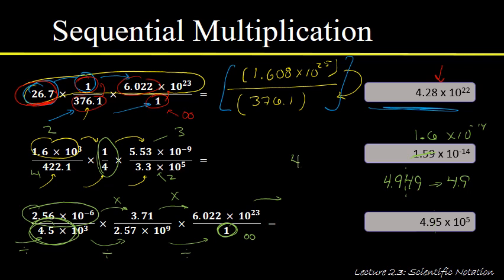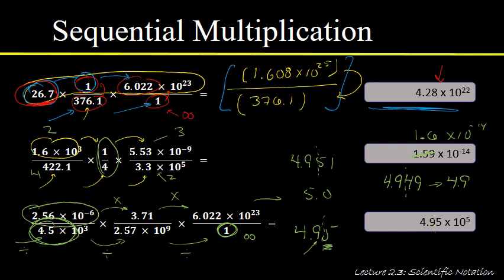If we had 4.951, then it would go up to 5.0. When the part where we're cutting off is exactly 5, it's not always clear whether you should round up or round down. The rule is that you should round so that this digit moves to the nearest even digit. So if it's an even digit, you'd keep it the same. If it's an odd digit, you'd round up.